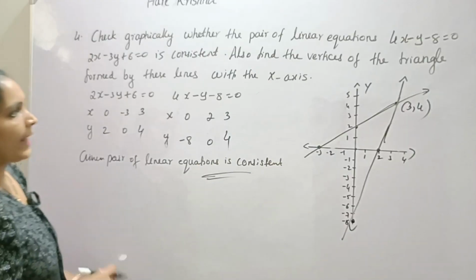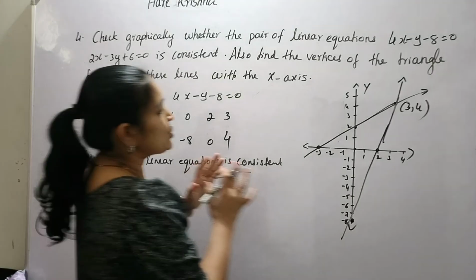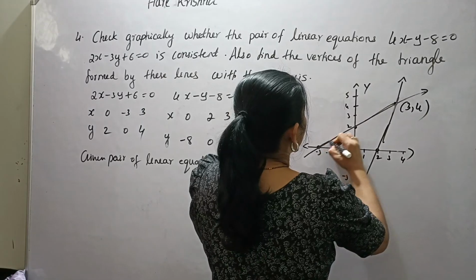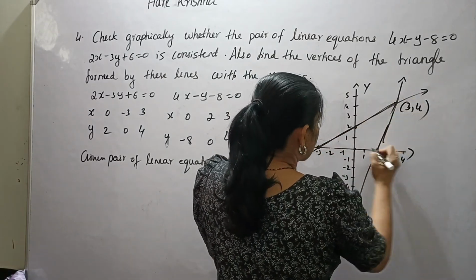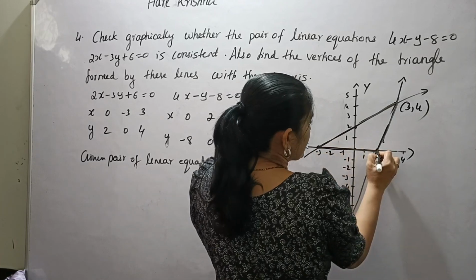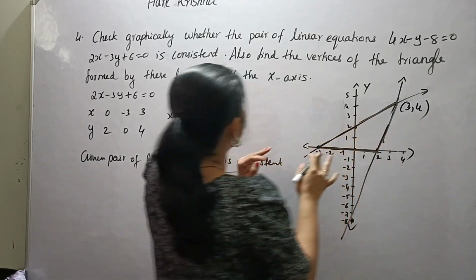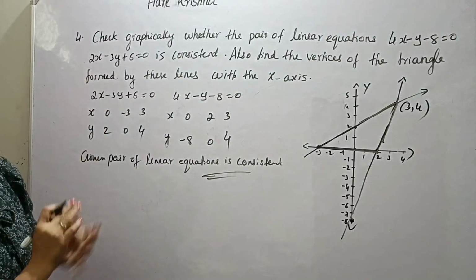After that, the next question is also find the vertices of the triangle formed by these lines with the x-axis. So here, what is the triangle formed by these lines with the x-axis? It is the triangle, and here we have to write the vertices.